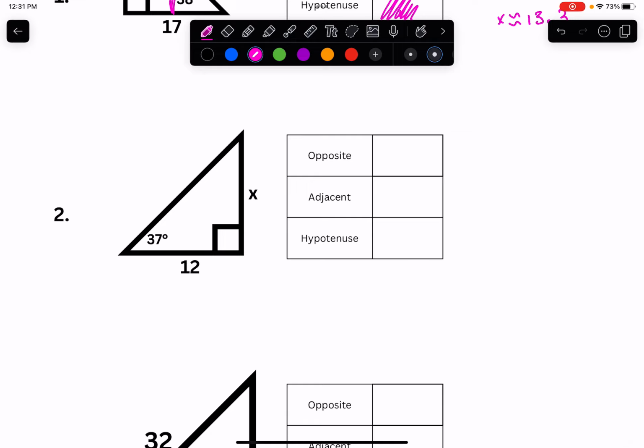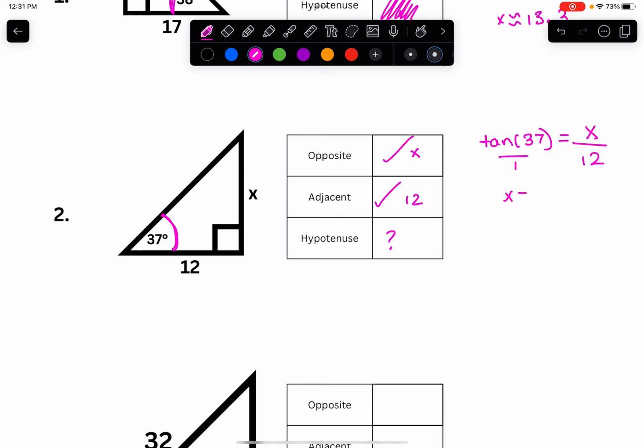So now again, you're going to mark the angle that you're given. The opposite is x, adjacent is 12. We don't know the hypotenuse, so since I have the opposite and adjacent, again, I'm going to use tangent of 37 degrees is equal to our opposite over our adjacent.